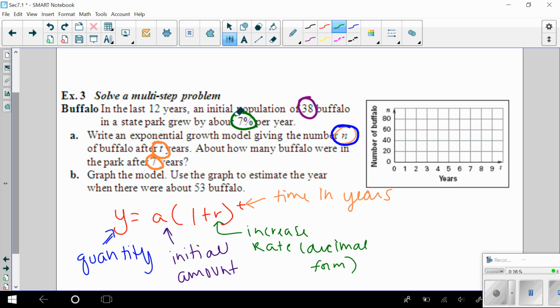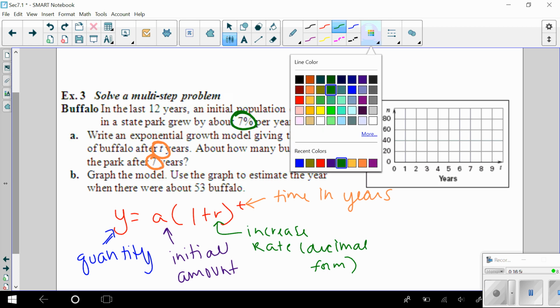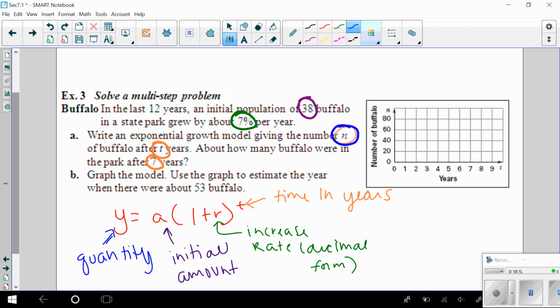So to write our model, it's asking us to use n instead of y, which is still our quantity.